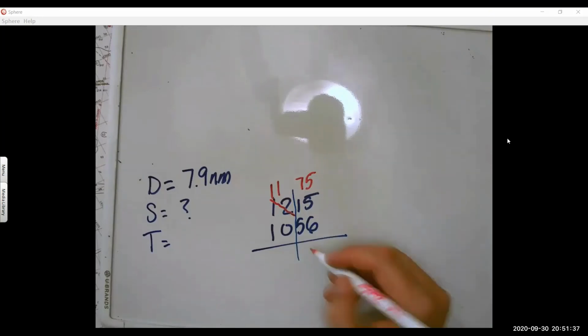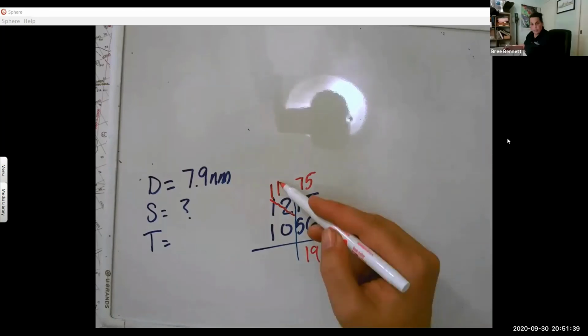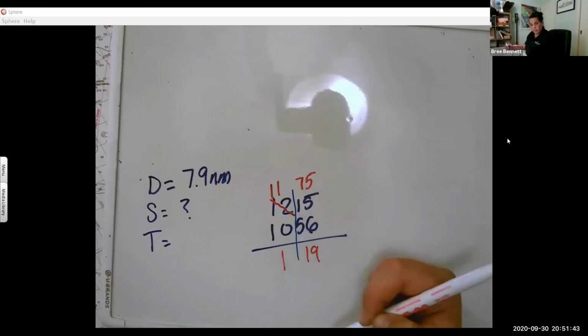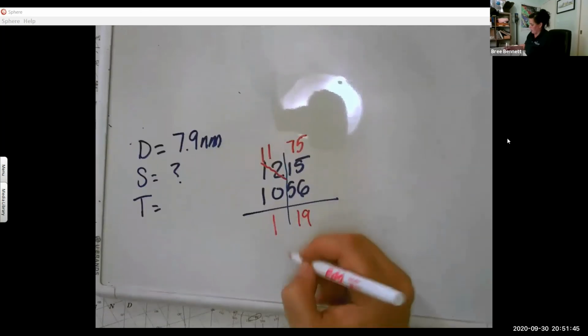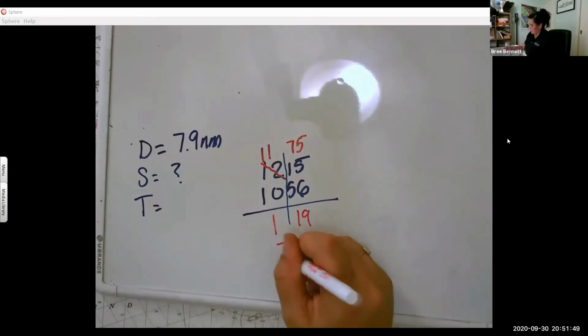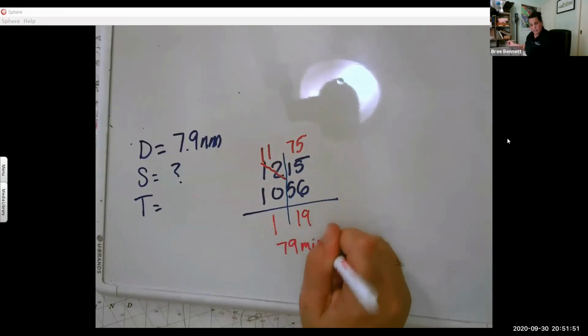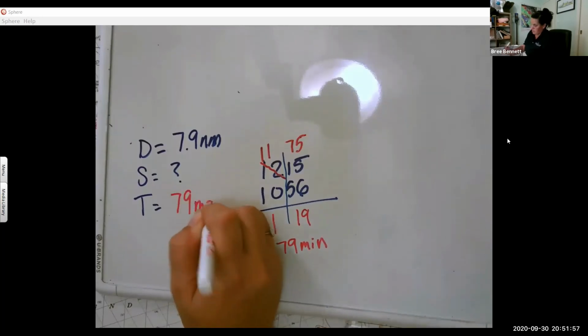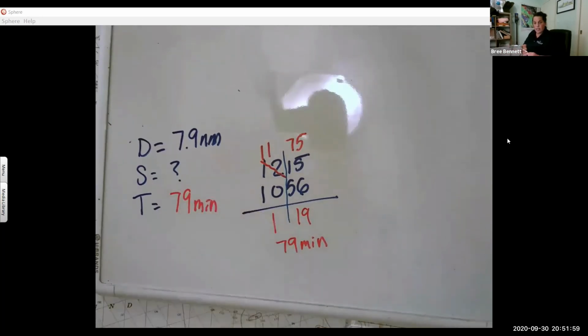19. Gives us 19. And then we have 11 minus 10 gives us 1. So if I convert that, I get 79 minutes. So I can use my T is 79 minutes. What is my speed?